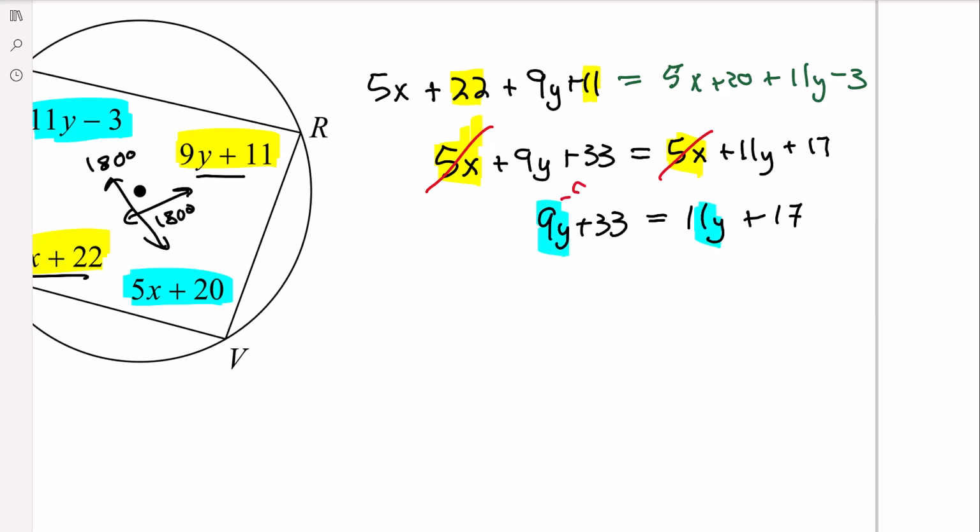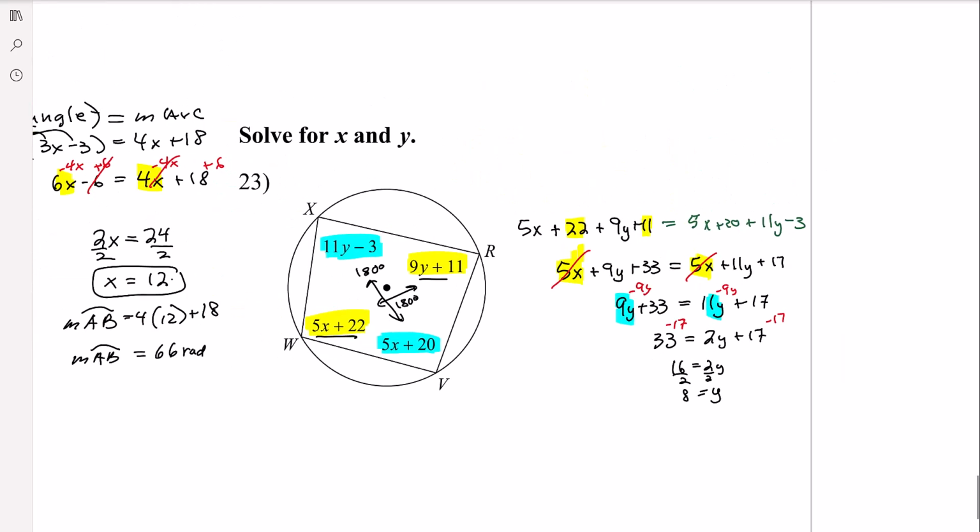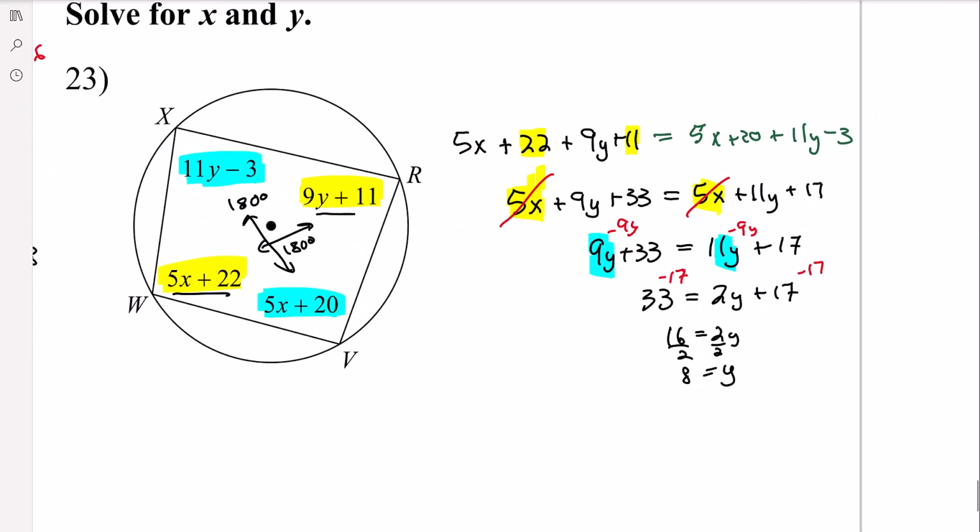I'm going to subtract 9y. Now I'll subtract 17 from both sides. So 16 is equal to 2y. Our y value should equal 8 if we divide both sides by 2. All right, so that gives us the y value. We have to find also x.